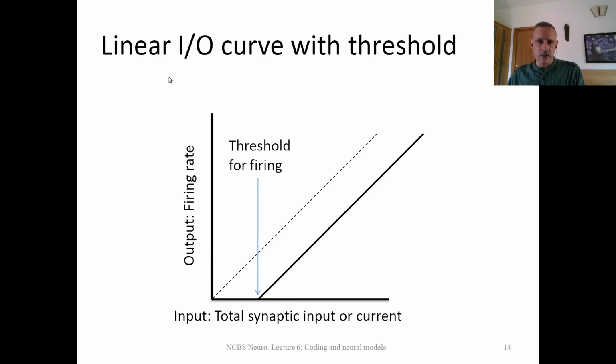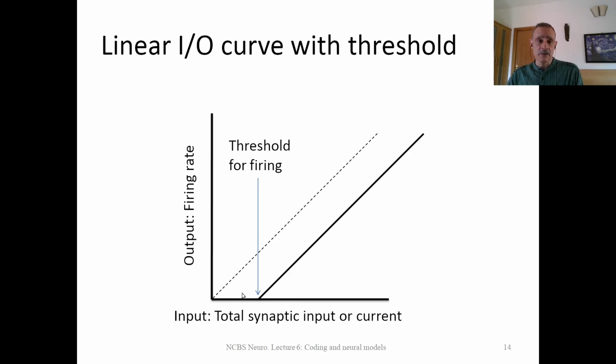But there's something more to this, right? You already remember that a typical neuron has a certain threshold before it even starts to fire. Now, if that is the case, then obviously you're not going to start some firing rate at 0 input. You're going to have to cross the threshold for firing before you start firing, even if it is a perfectly linear output curve.